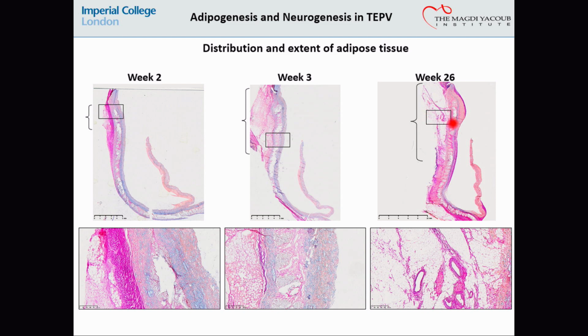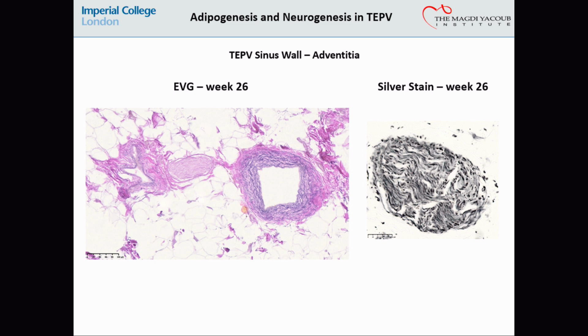And if you look in this expanded picture, you can see this rich connective tissue. And within this connective tissue is the adipose tissue with these vessels. And these are the nerve bundles within this adventitia. This is another image of our 26-week explanted TEPV.